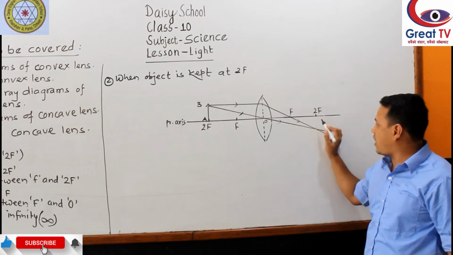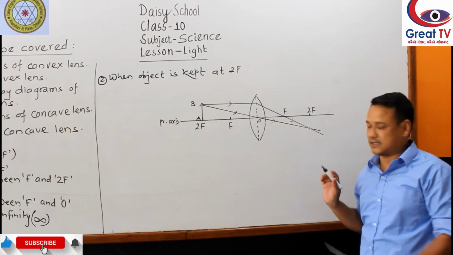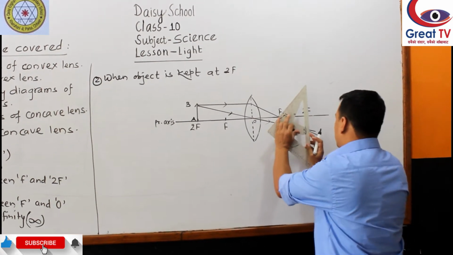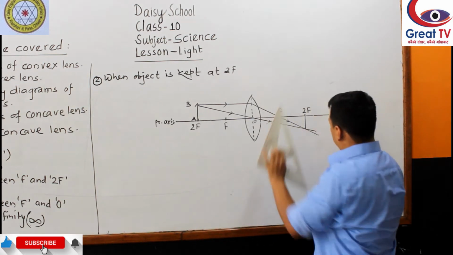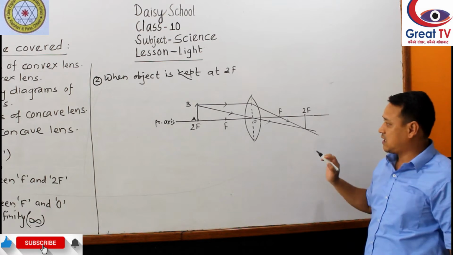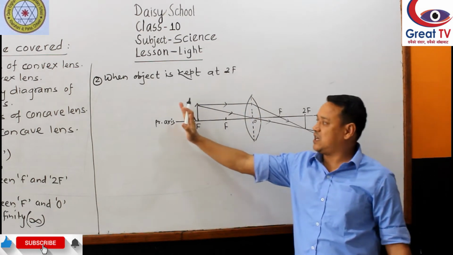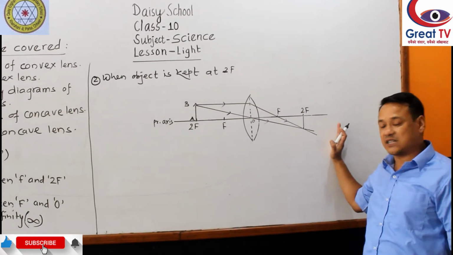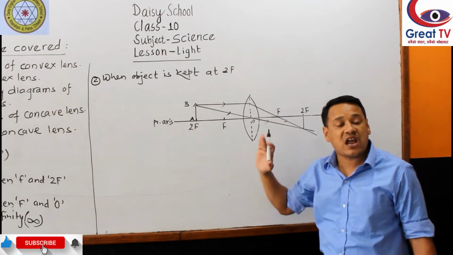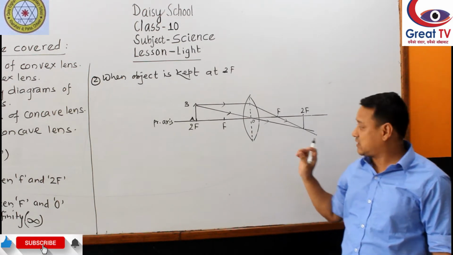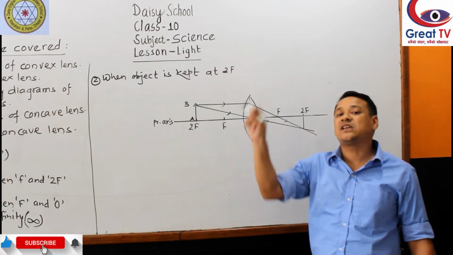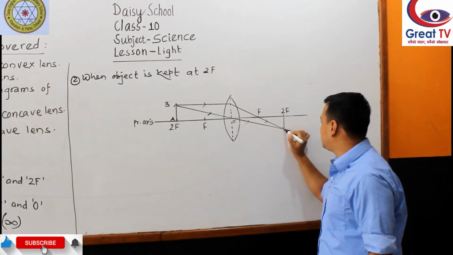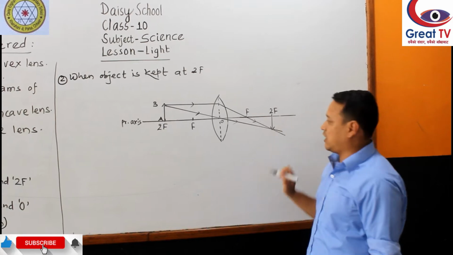From this point we have to join the principal axis. Don't forget, it should be at the 2f position. We have done it correctly here. So this is the image, and the object is here and the image is on this side. That means object and image are on either side of the lens. At that time such an image will be a real image. A real image is always inverted, so the arrow sign is down.